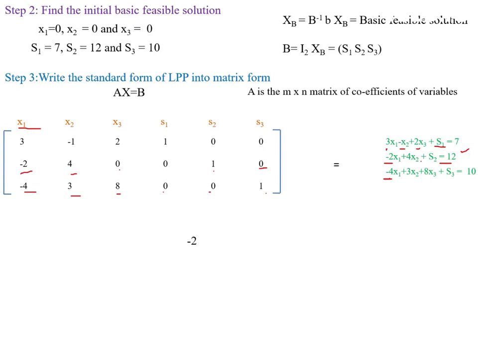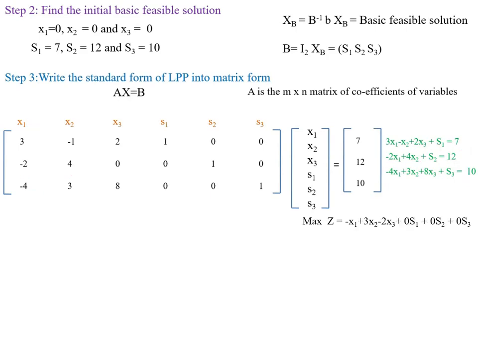Next we write the column matrix of all the variables, that is x1, x2, x3, S1, S2, S3. After that we write the column matrix of the right hand side values of the constraint equations, so B equal to the column matrix of 7, 12 and 10.